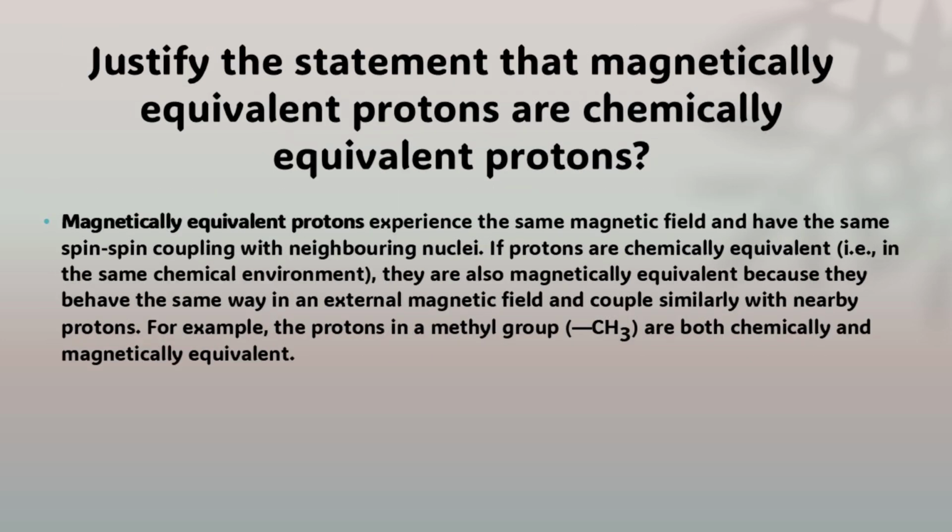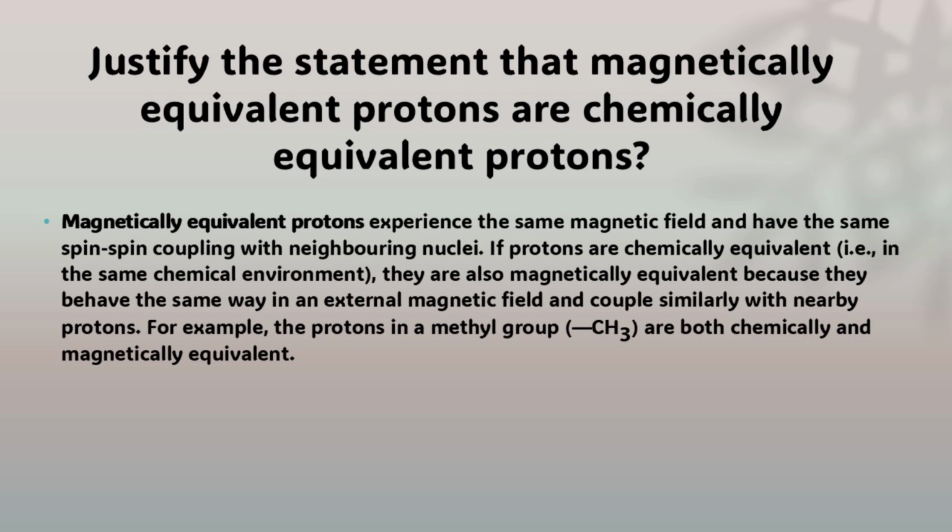The next question is question number 28. Justify the statement that magnetically equivalent protons are chemically equivalent protons. The answer to this question is, magnetically equivalent protons experience the same magnetic field and have the same spin-spin coupling with neighboring nuclei.